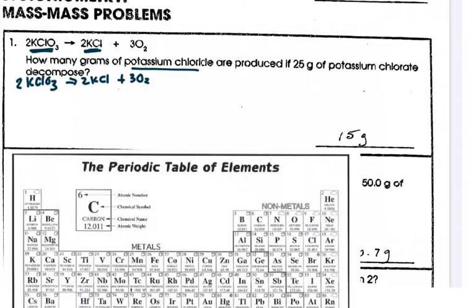I'm starting off with 25 grams of potassium chlorate. I'm going to write that here since I know that's what I'm given. I need to first convert that to moles of potassium chlorate. Then I'm going to convert that to moles of potassium chloride, and then I'm going to convert that to grams of potassium chloride. So that's the path I'm going to take.